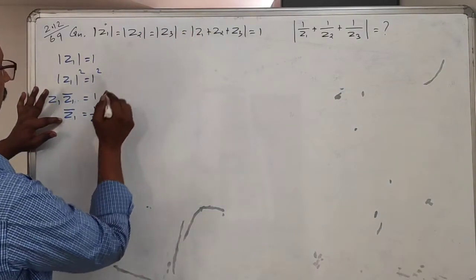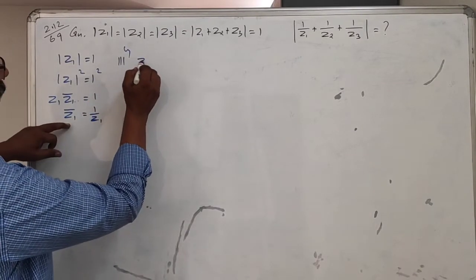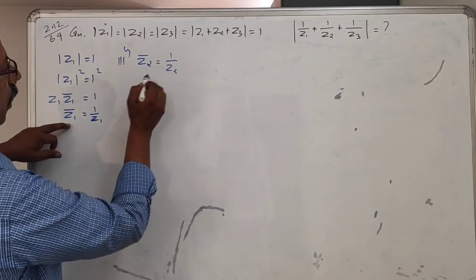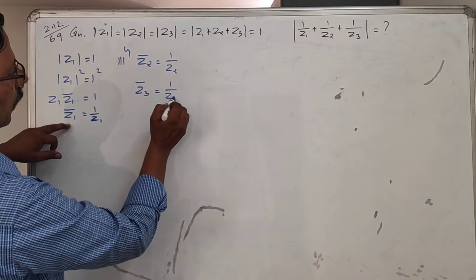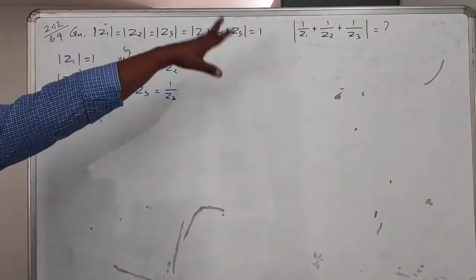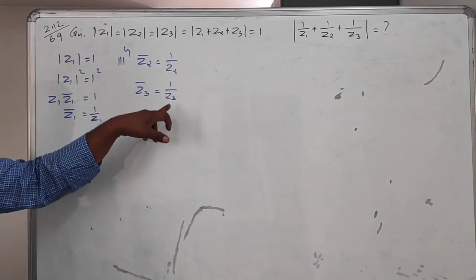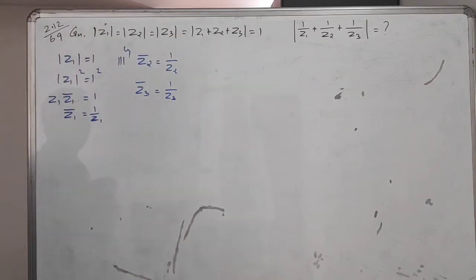Everything is equal to 1. Similarly, Z2 bar is equal to 1 by Z2, and Z3 bar is also equal to 1 by Z3. Now we have found the value of 1 by Z1, 1 by Z2 and 1 by Z3. Now we can go for that problem.